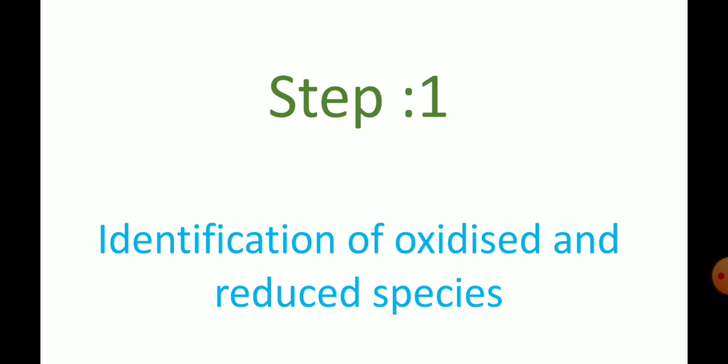In the given equation, by applying the rules of oxidation number, initially we have to identify the species which gets oxidized and the species which gets reduced. That is the preliminary step to be done while we balance a redox equation. So what is step number 1? Identification of oxidized and reduced species in the given redox equation.